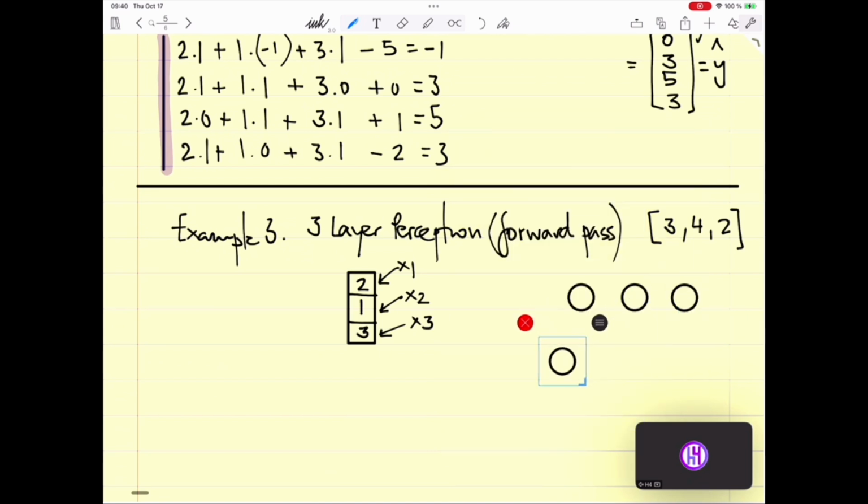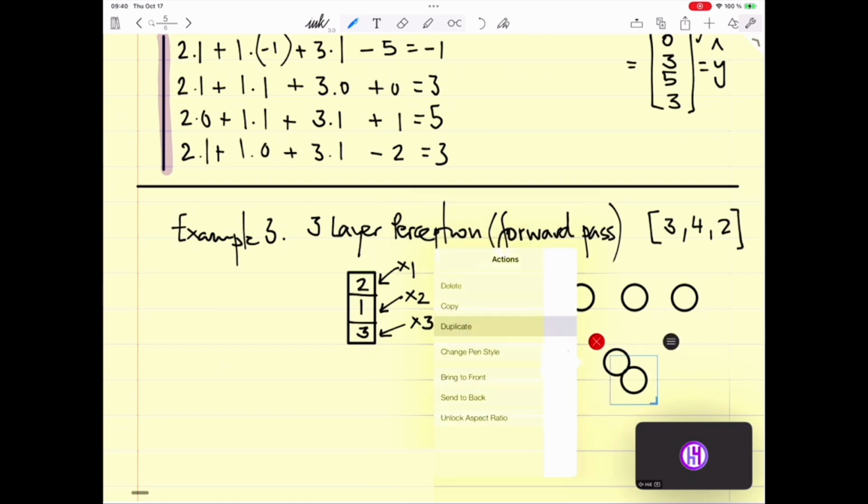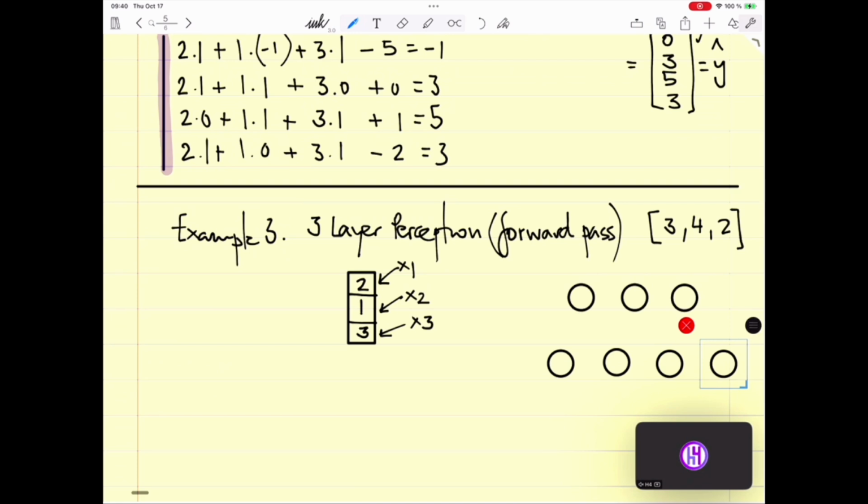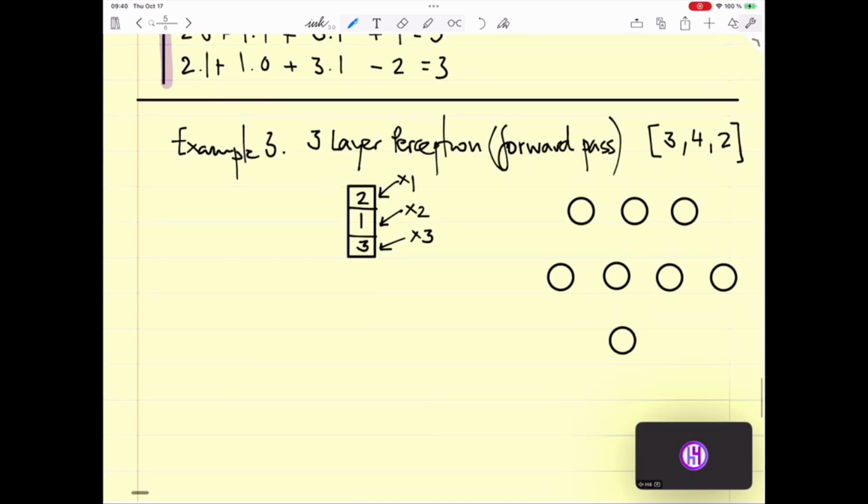Then 1, 2, 3, 4. And also 1, 2. Okay. So that in the end we will have an output vector here, I1 and I2 with a hat. And this is X, okay?